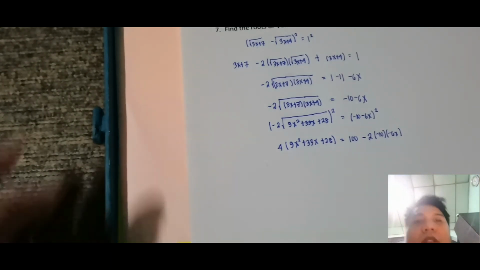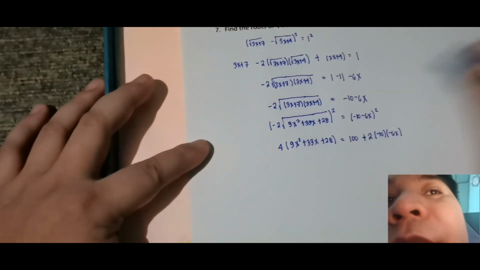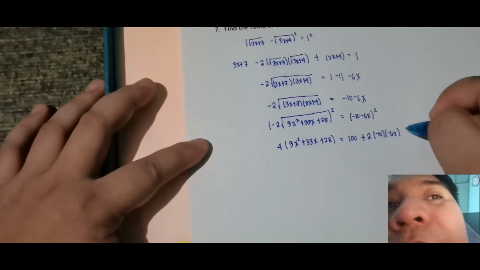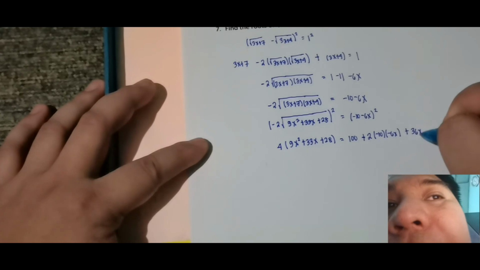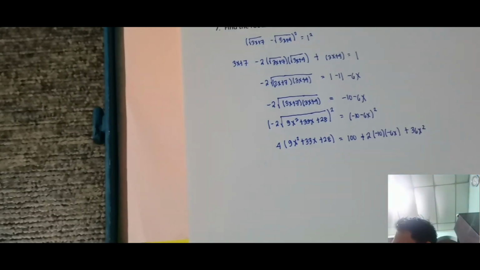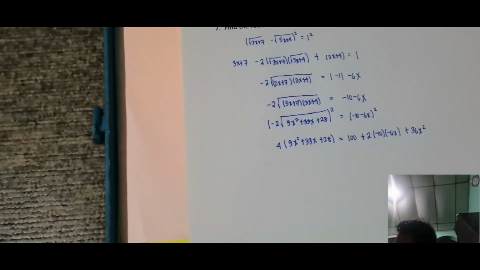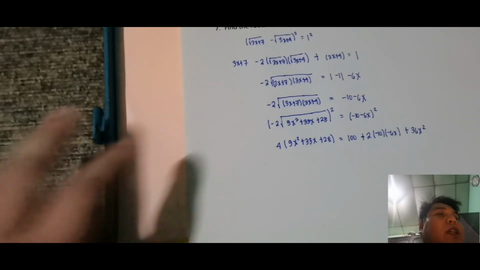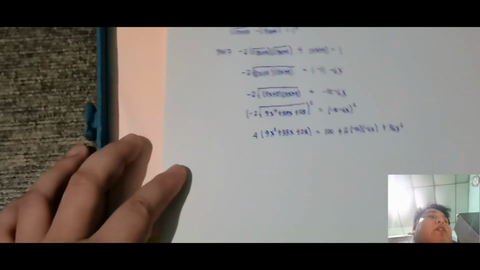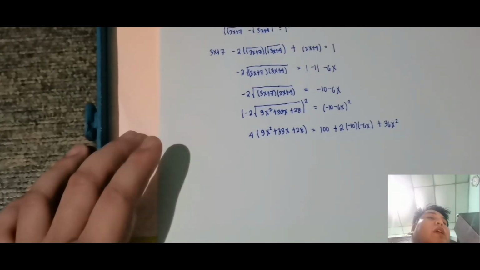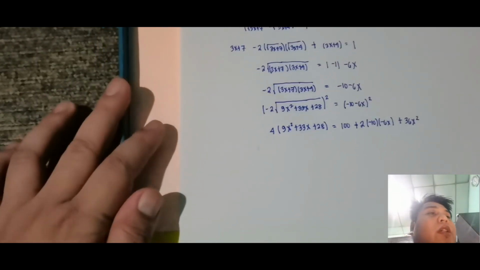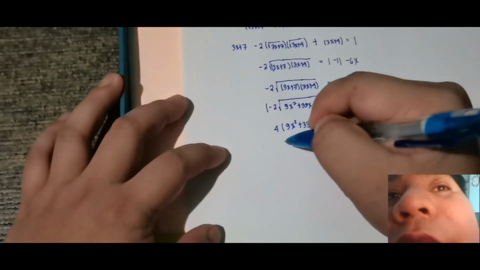Tama, or sorry, this is plus. Next is, this is plus 36x squared. Baka may nakita na akong mali. Tama lang naman, kasi kinuha ko yung negative. So, negative times negative, tama lang yan. Okay, so ayun, nakikita ko na.